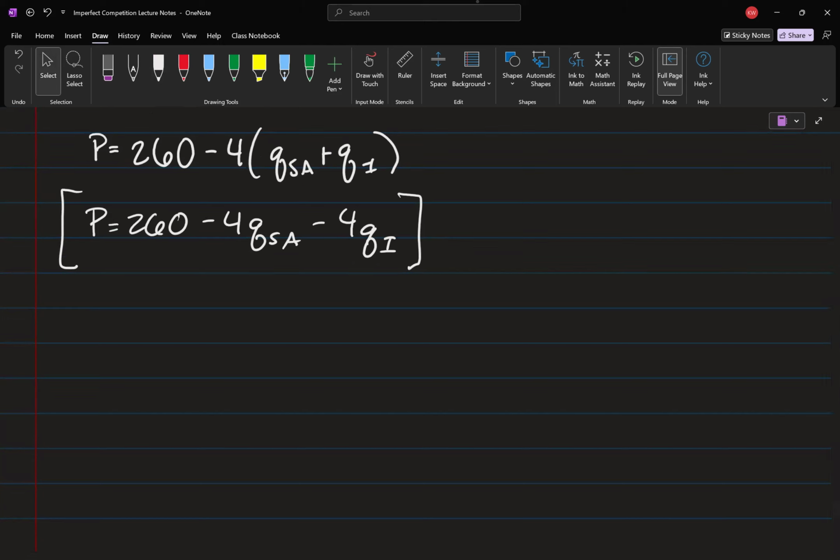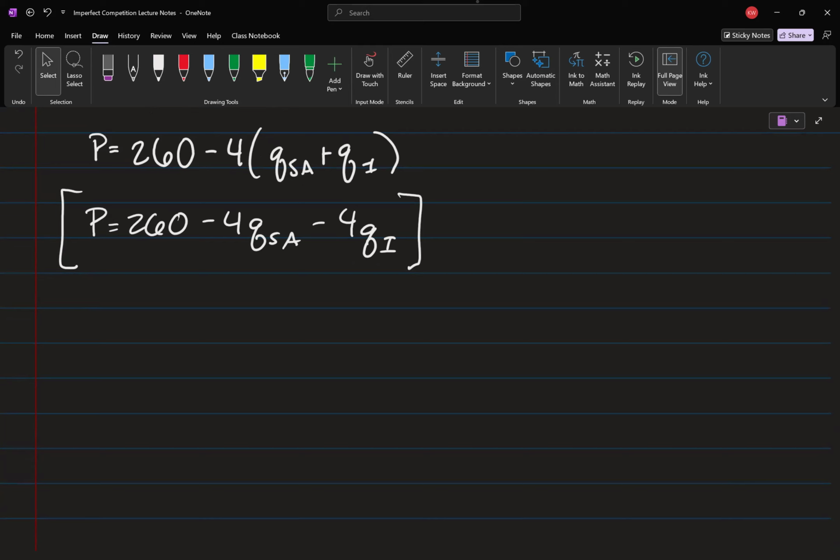Like we said, each firm is going to derive from the market demand equation a marginal revenue curve to represent which portion of the market they're going to be serving. So we're going to follow a similar process to that of monopoly when we are finding marginal revenue.